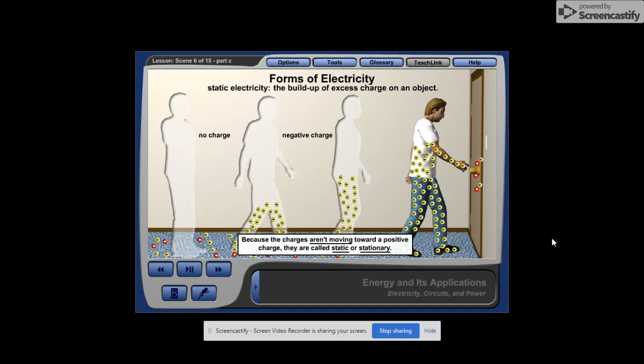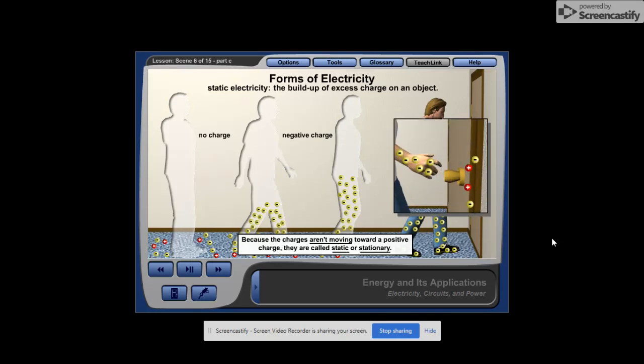When your hand gets close enough to the doorknob, the attraction of the positive charges on the doorknob pulls the excess electrons from your skin. This sudden movement of charge from your hand to the doorknob causes the shock and sometimes a spark. The sudden movement of electrons from one object to another is called an electric discharge.